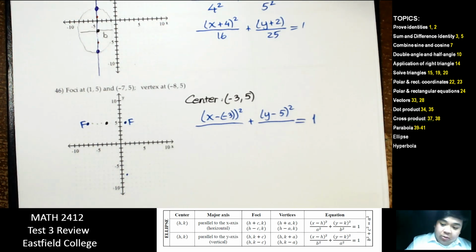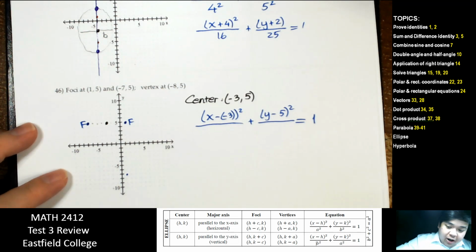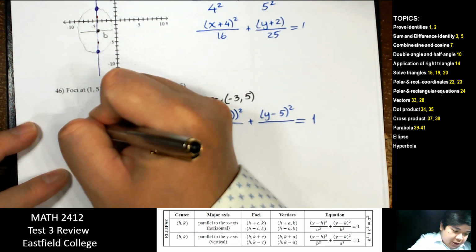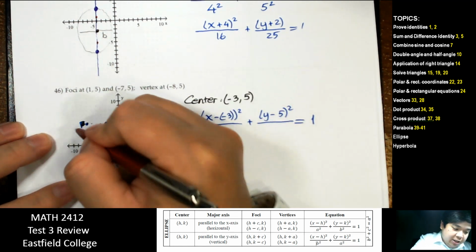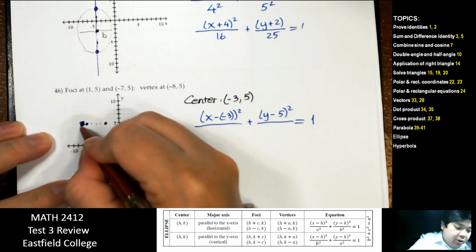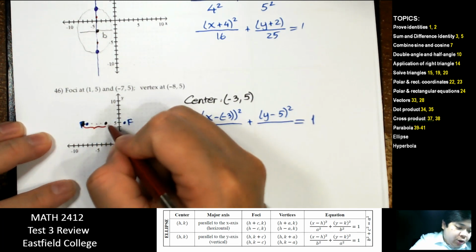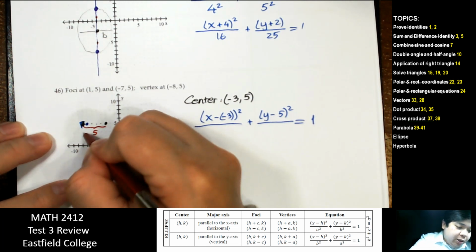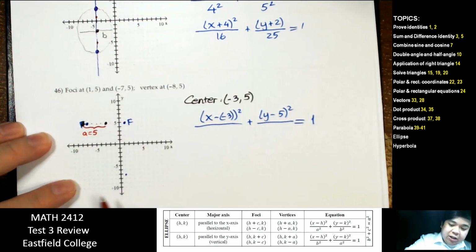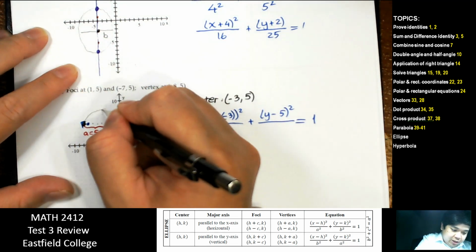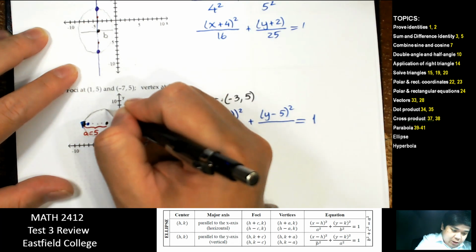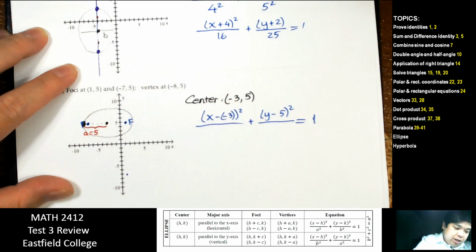We know one of the vertices is (-8, 5), so we reflect. This vertex is here, and because of that, that distance will be equal to 5, which is the biggest one. So the ellipse will go around like that.